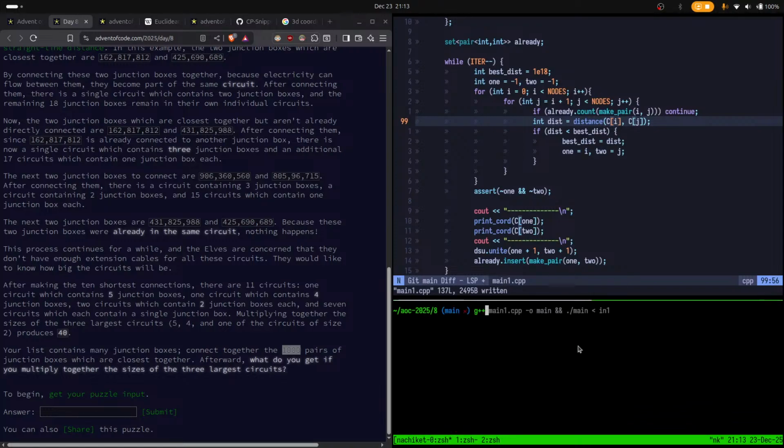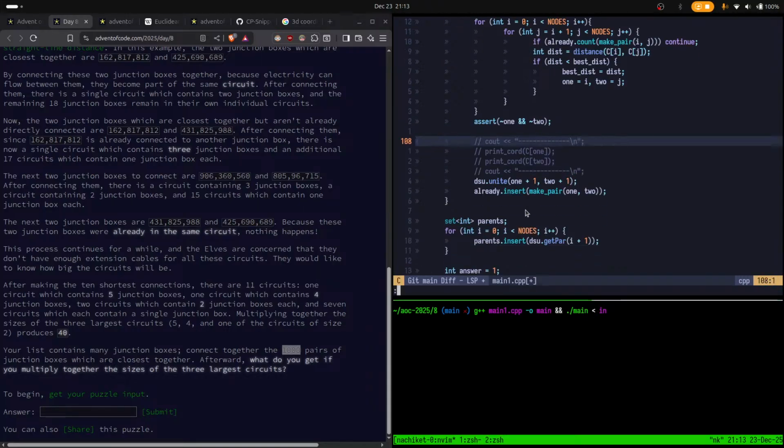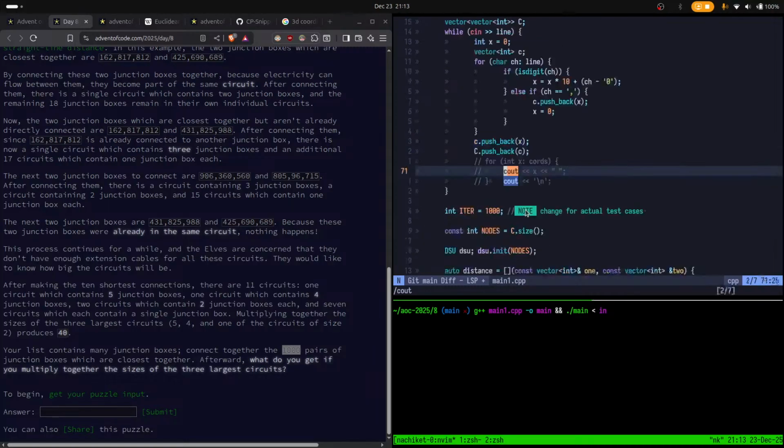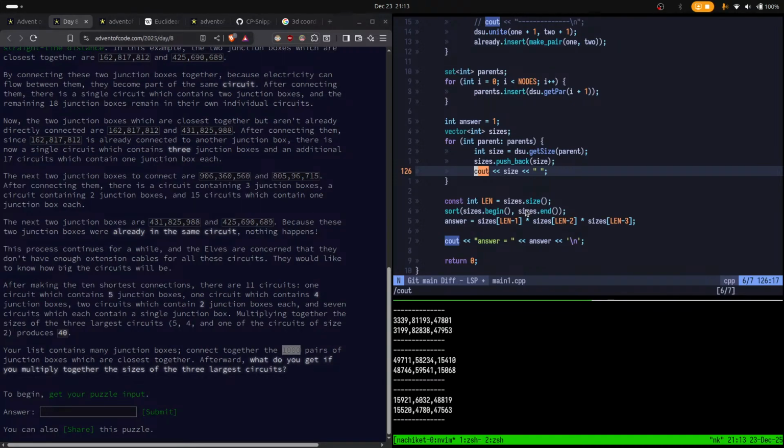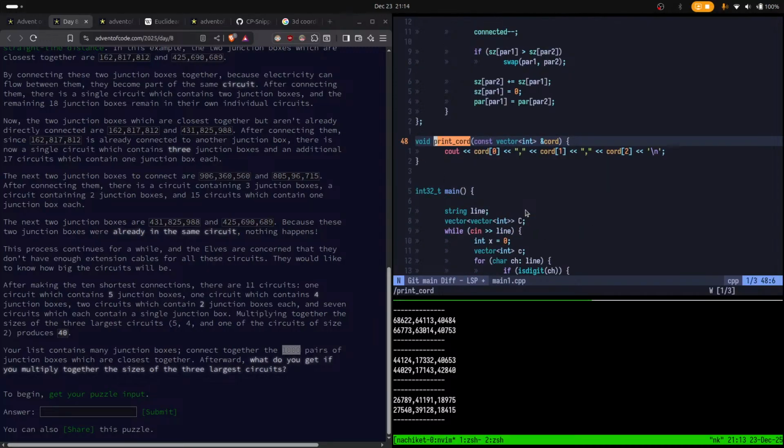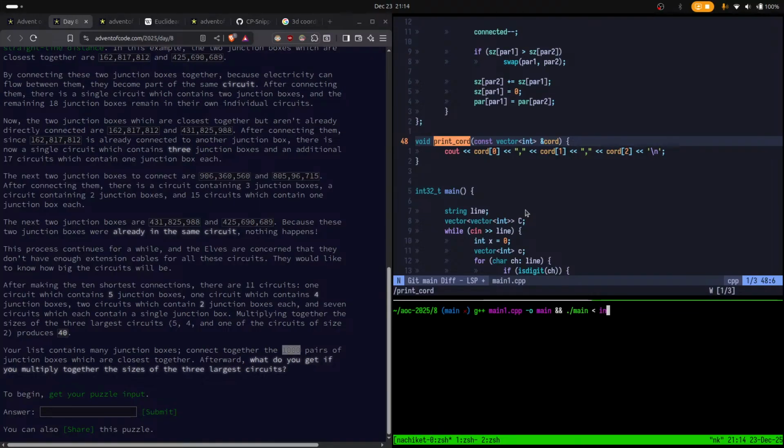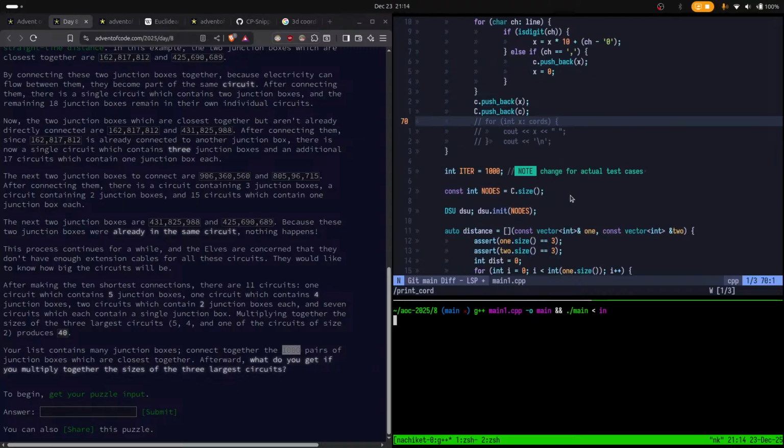I can also try out some option. This takes too much. Probably taking too much time.